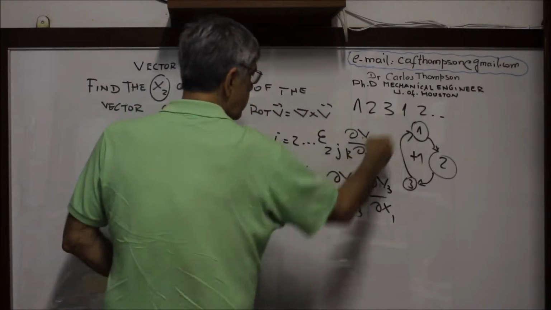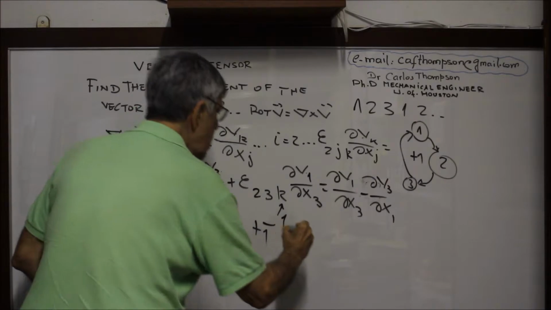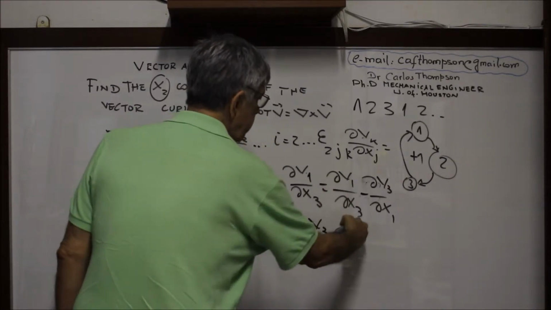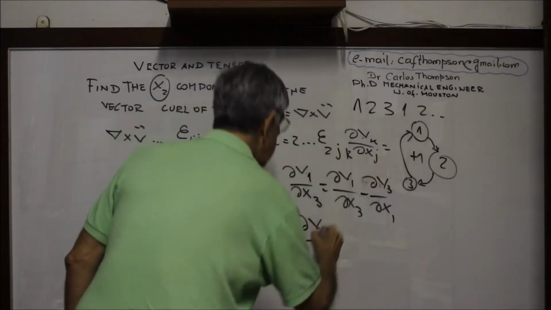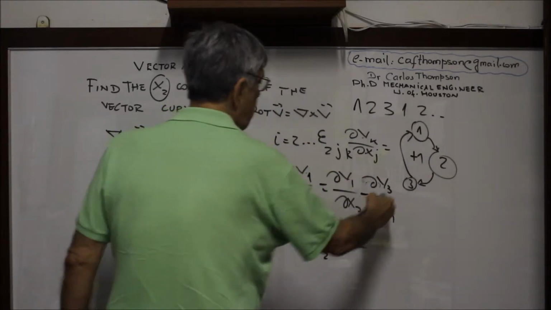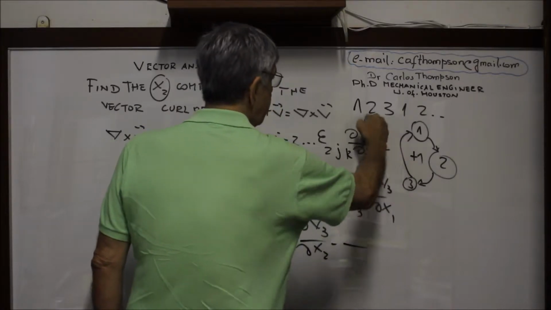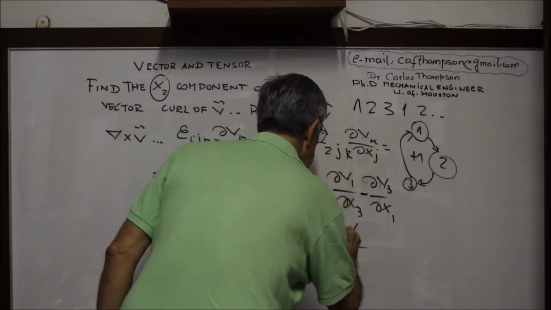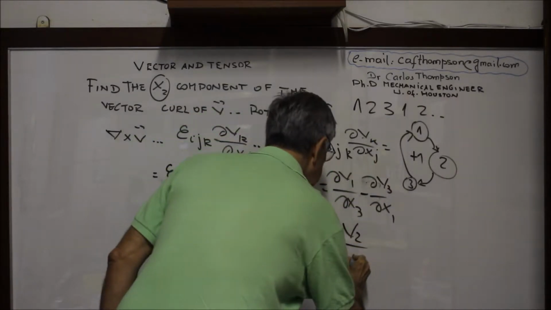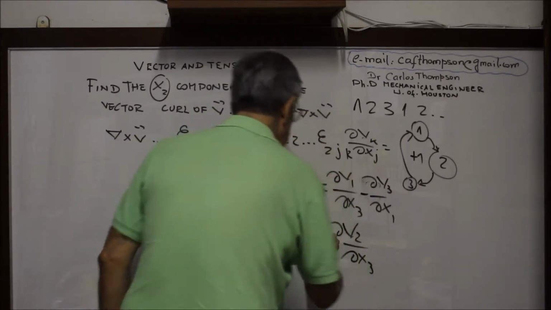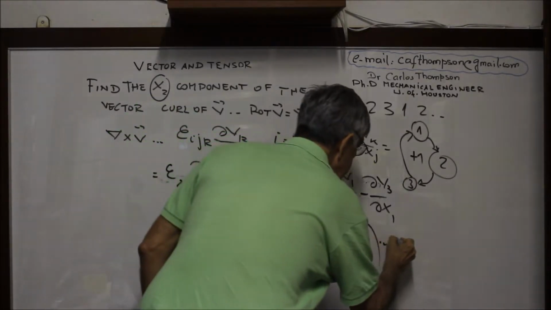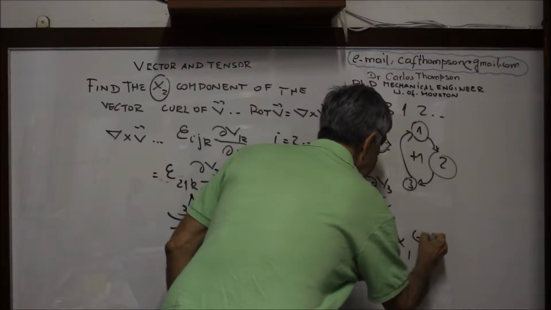Before 1 is 3, so I can write here partial v3 with respect to x2, where before 3 is 2, minus. Now, before 3 is 2, and before 1 is 3, so partial v2 with respect to x3. So this here is the x1 component.